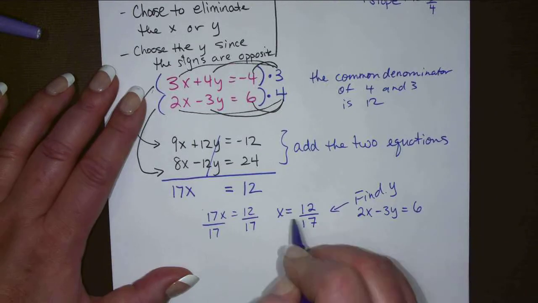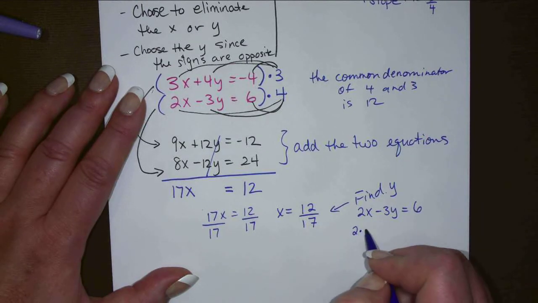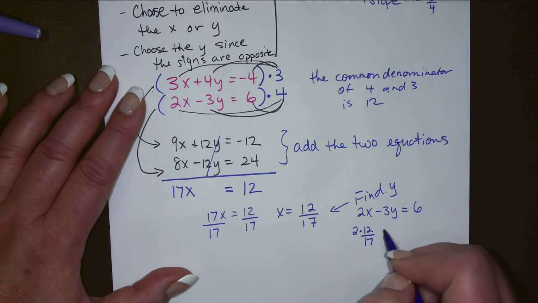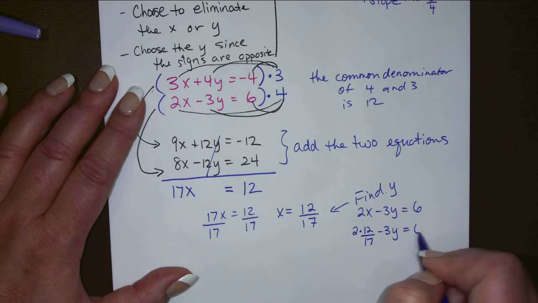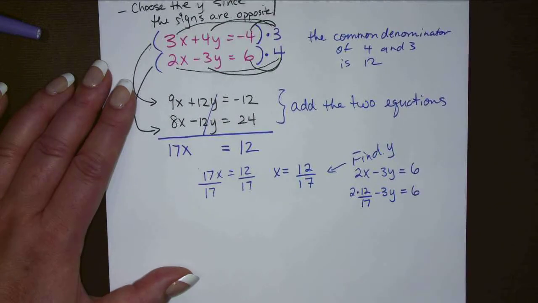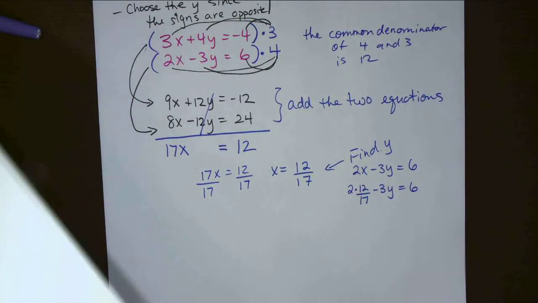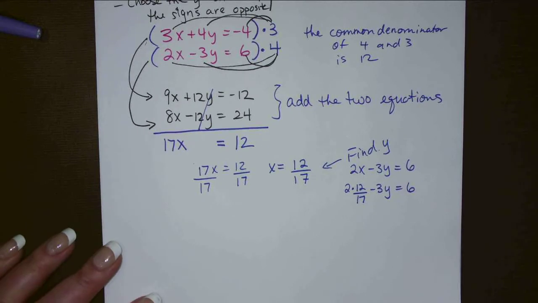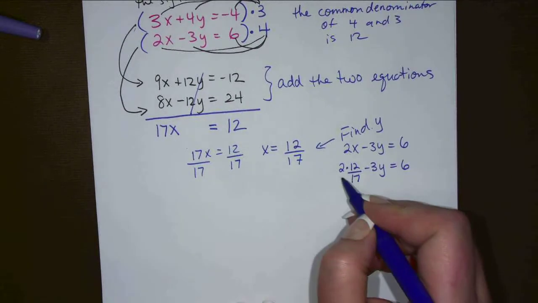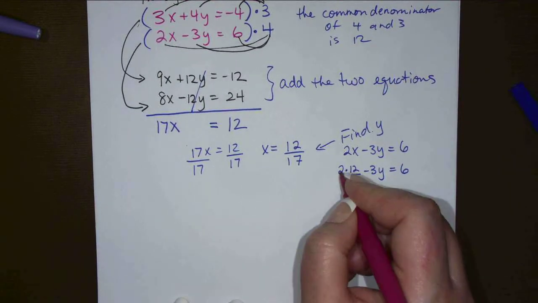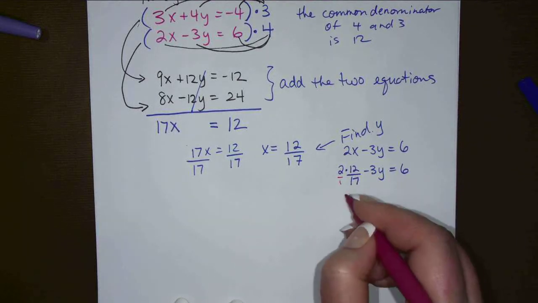Plug the x in here, so 2 times 12 over 17. See, this is back to the algebra part. How do we solve that? This is like a 2 over 1. Nothing cancels, so this would be 24 over 17.